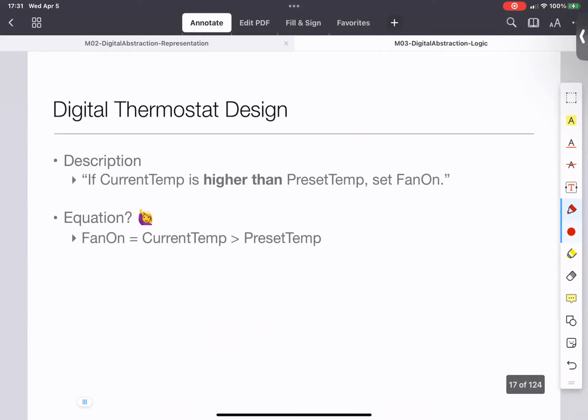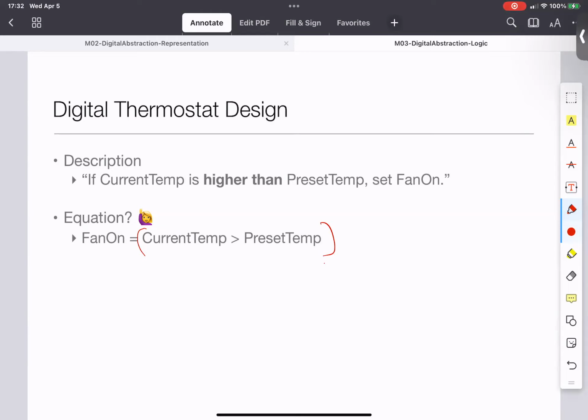So the equation that we are really implementing in this is fan on is current temperature greater than preset temperature. This is, think of it as a Boolean operation which outputs a Boolean value, right? So is current temperature greater than preset temperature? And if it is, then fan on is high. And if current temperature is equal or less, then the output would be 0.